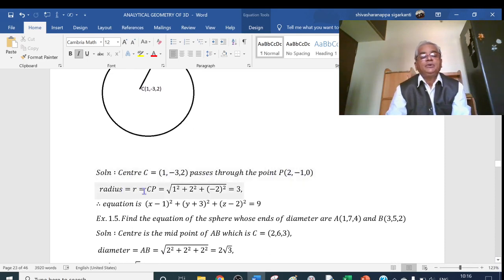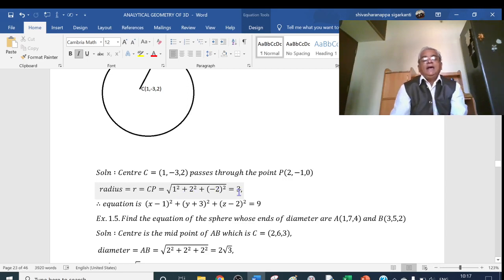So here, C is the center and the sphere passes through the point (2, −1, 0). Then the radius R = CP, which is the square root of (x2 − x1)²: 2 − 1 is 1, 1 squared is 1. Then −1 − (−3) is −1 + 3 is 2, 2 squared is 4, plus 0 − 2 is −2 squared is 4. So 1 + 4 + 4 is 9, root of 9 is 3.